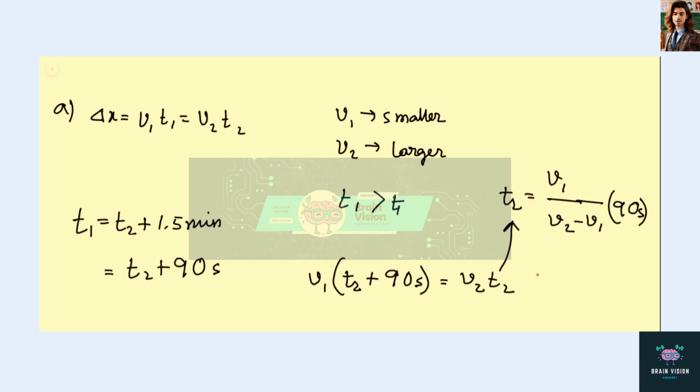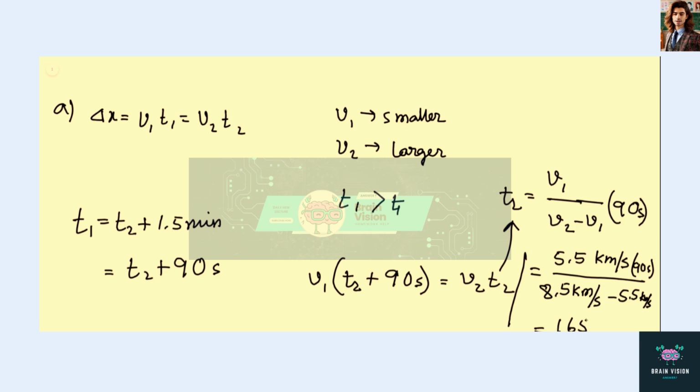Now, using the given values in the problem, we have v1 as 5.5 kilometers per second, divided by 8.5 kilometers per second minus 5.5 kilometers per second, and we also need to multiply by 90 seconds. That finally gives us 165 seconds.